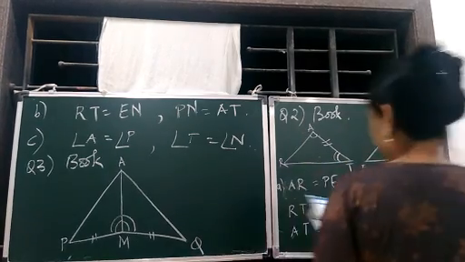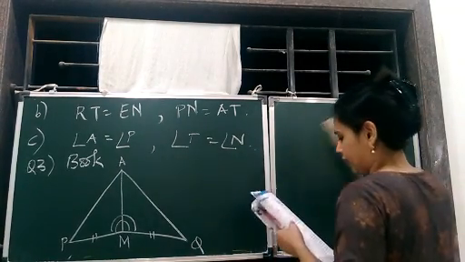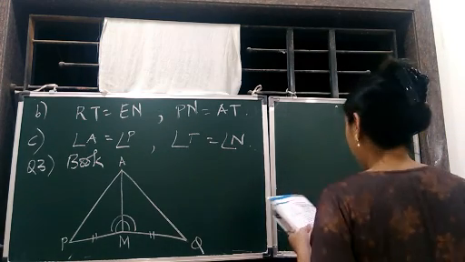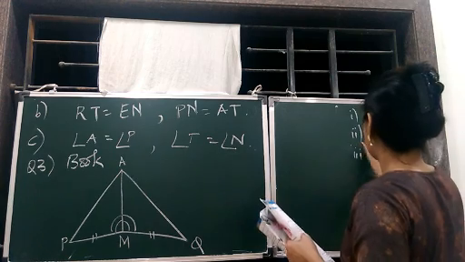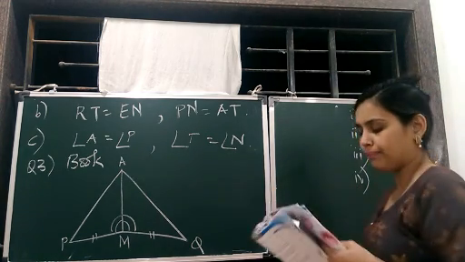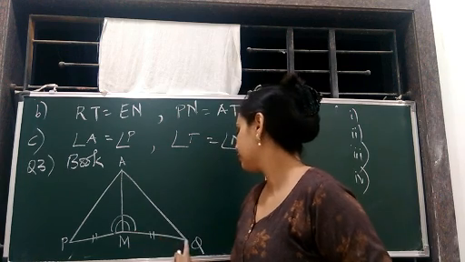So we have to fill in the blanks. Okay, there's a table given, first, second, third, fourth, to give the reason. What is the reason? Step PM is equal to QM.